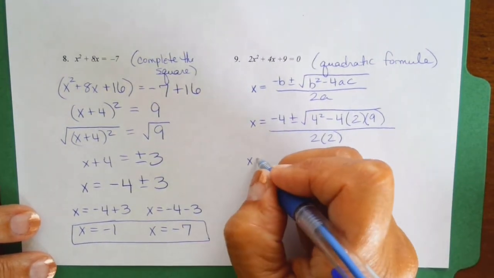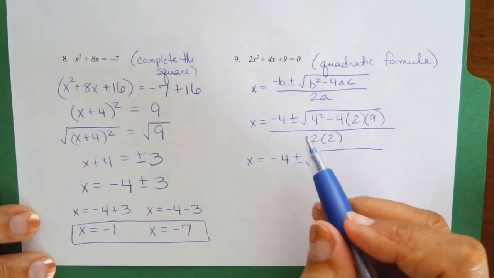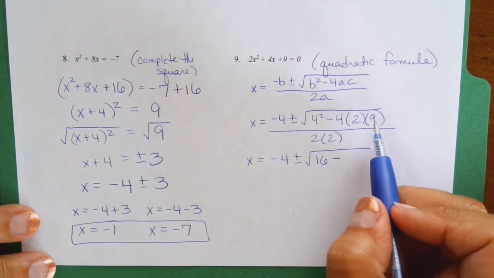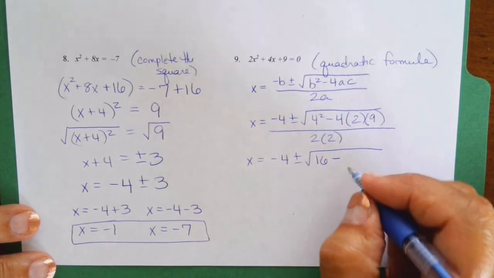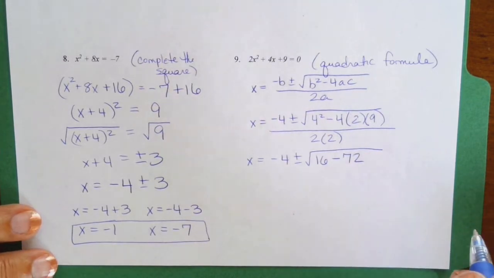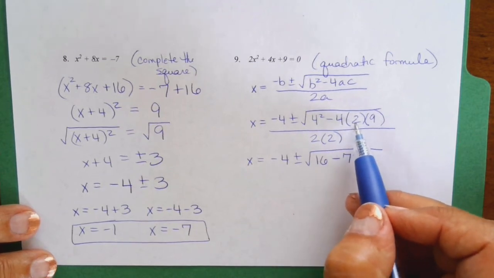All right, so we just got to simplify that. Negative 4. All right, 4 squared is 16. Minus, and then 9 times 4, that's 36 times 2, 72. Is that right? 9 times 4, 36. Or we just do 8 times, yes.